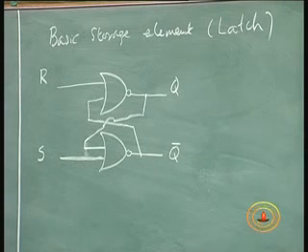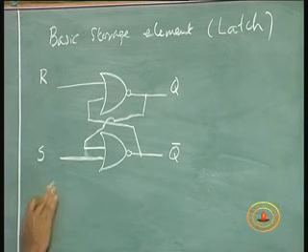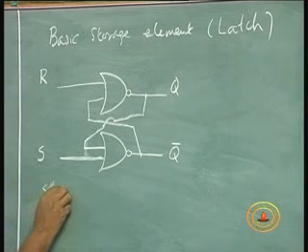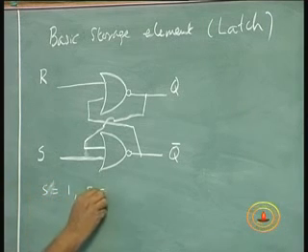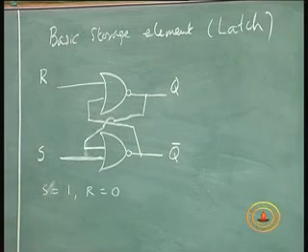So let us now put S equal to 1, R equal to 0. I do not know what Q was, because earlier these gates could have had any outputs. Irrespective of that, I am now going to introduce an input of S equal to 1 and R equal to 0.